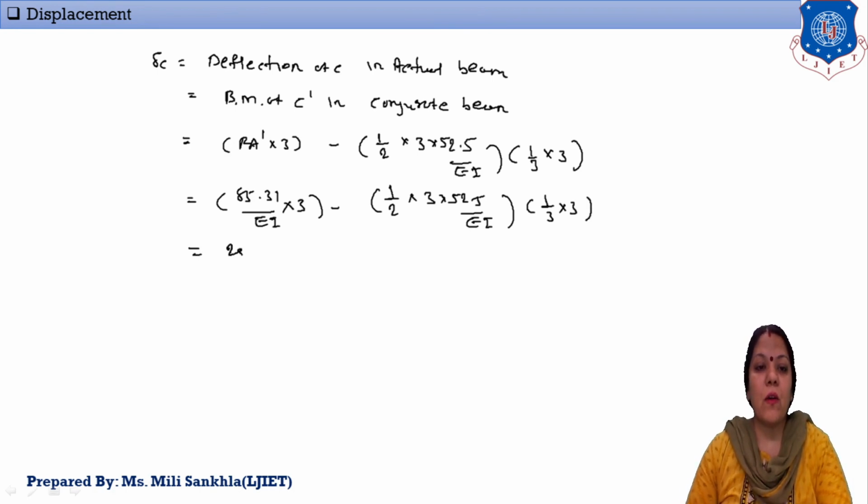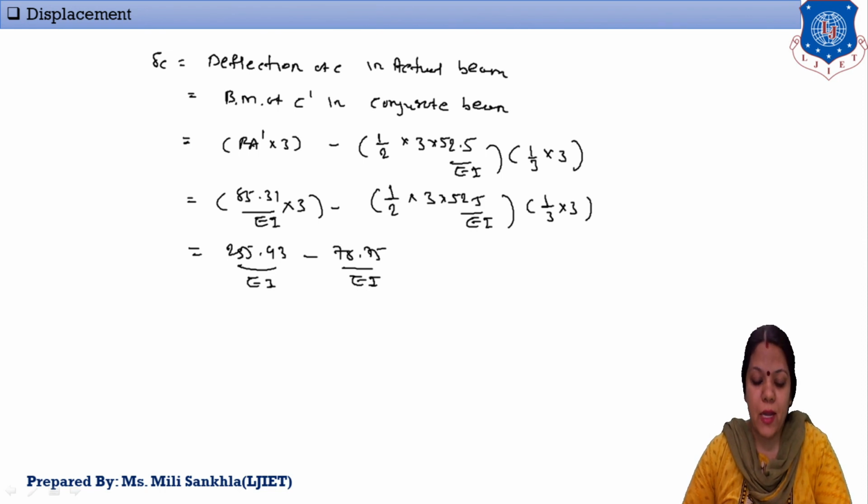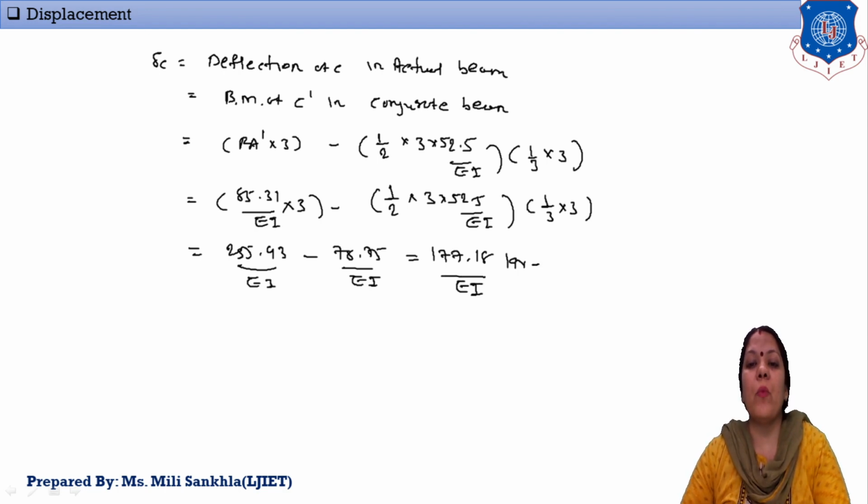First is 255.93 by EI, and our second is 78.75 by EI, and my answer is equal to 177.18 divided by EI, and here the numerator is kilonewton into meter cube.